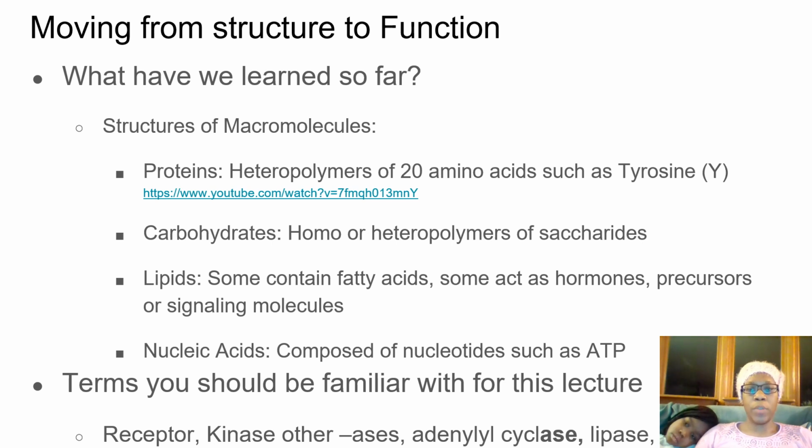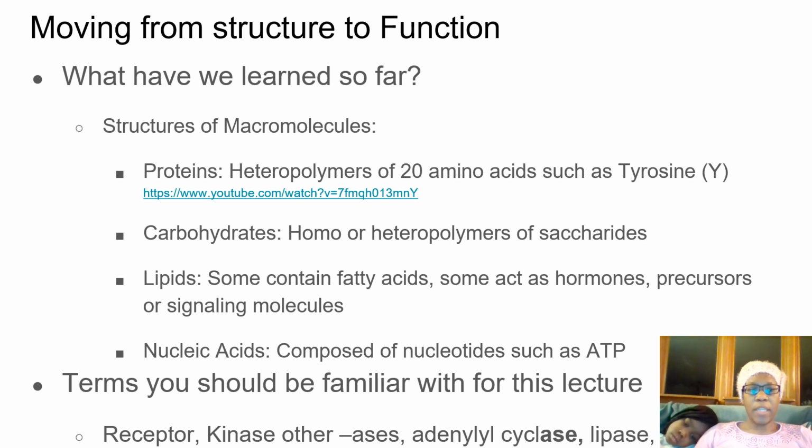So when I say nucleotide, it can be ATP, adenosine triphosphate, or AMP, adenosine monophosphate. Those are both nucleotides. So we can have ATP, GTP, CTP, things like that. So make sure you are able to quickly recognize what a nucleotide is.